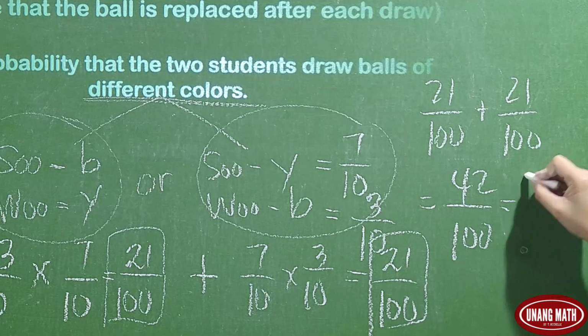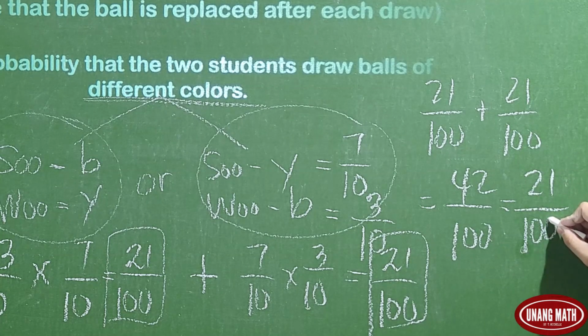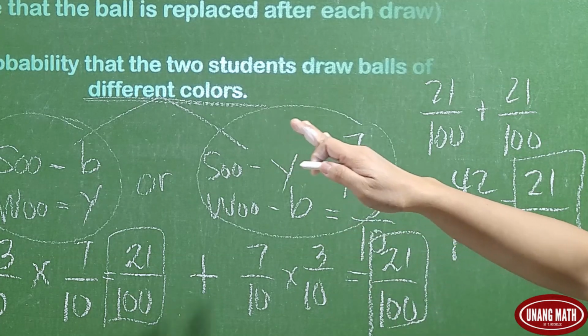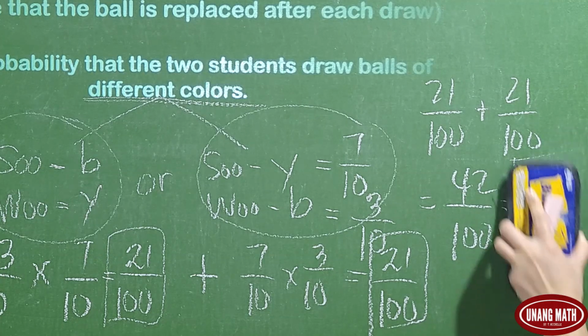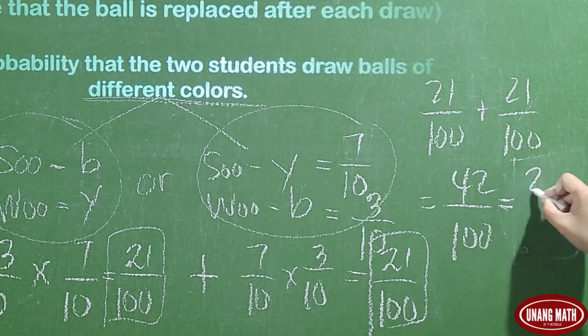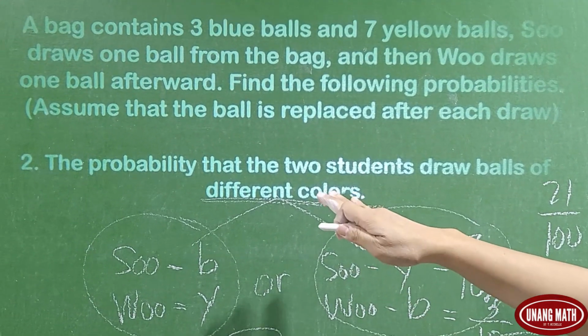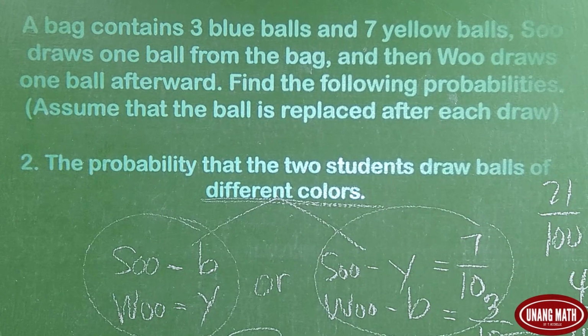And if we simplify, this is 21 over 50. So the probability that the 2 students draw balls of different colors is 21 over 50.